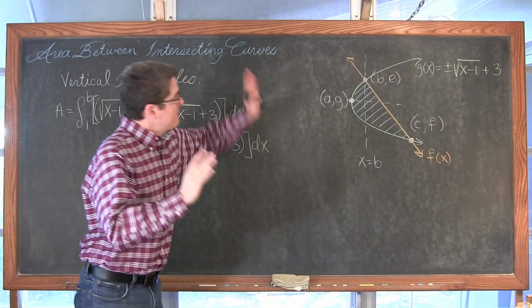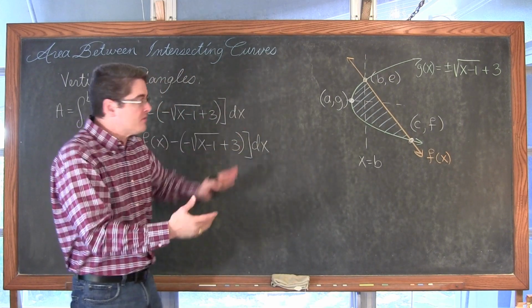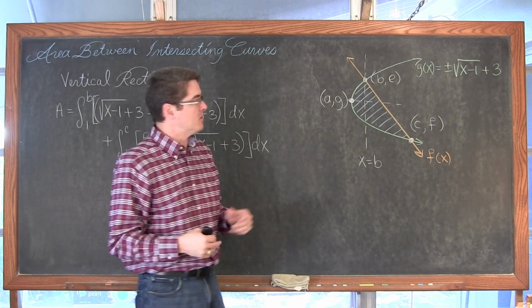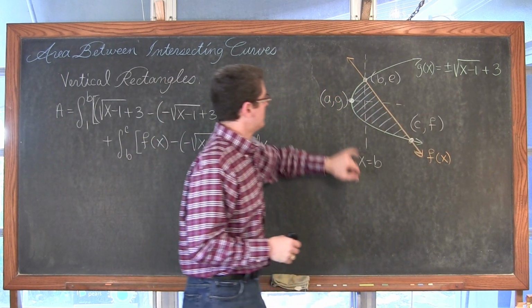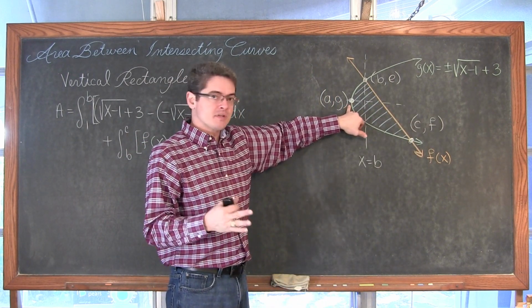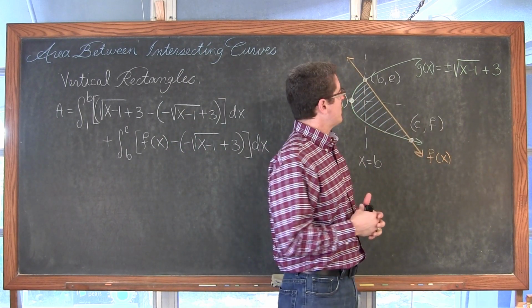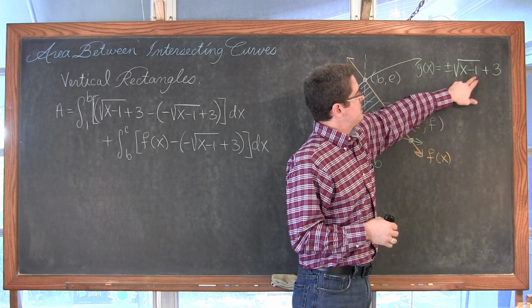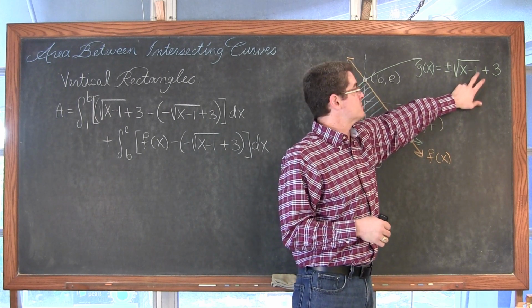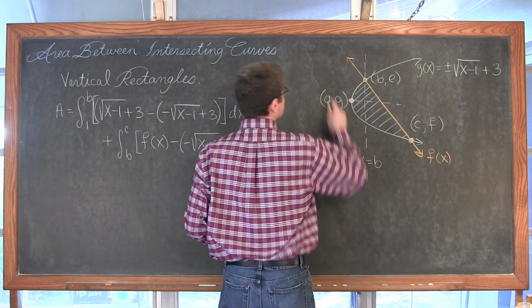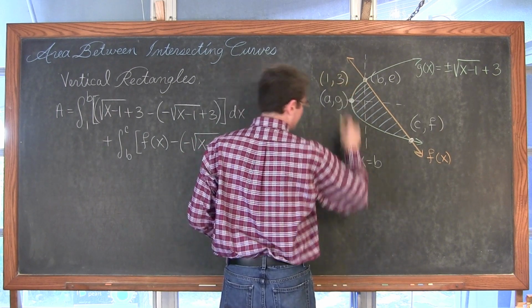This is a relatively simple example with just a sideways opening parabola, so I'm able to find the vertex. If you know your vertex form or standard form of parabolas, the x-coordinate of the vertex is 1, and the y-coordinate is equal to 3. So this point is (1, 3).